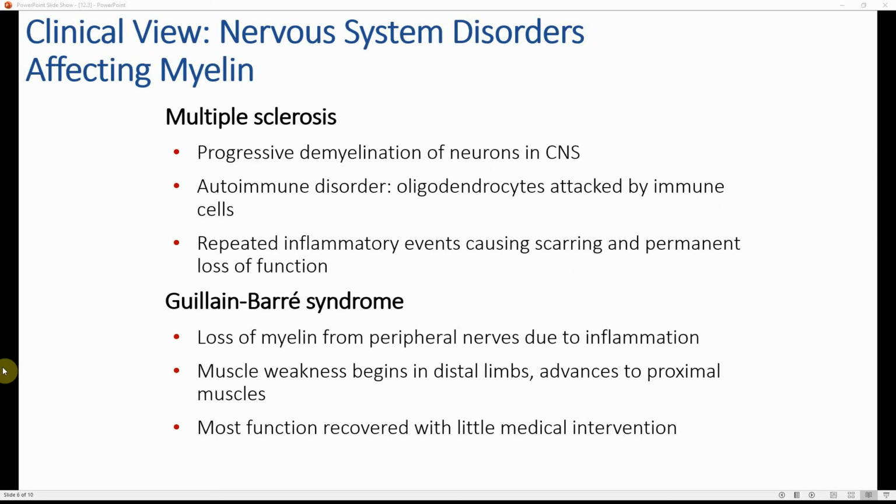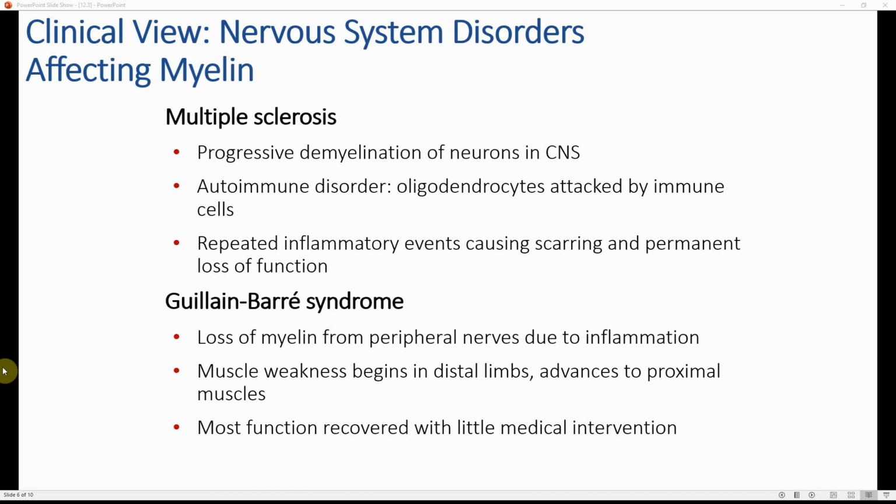There's a couple disorders in the central nervous system. We have a demyelinating disorder called multiple sclerosis. It is an autoimmune disorder where oligodendrocytes are attacked by immune cells, and as they're killed off, they're no longer myelinating parts of the axons. This is an inflammatory event, and as these happen repeatedly, it's going to cause scarring and permanent loss of function.